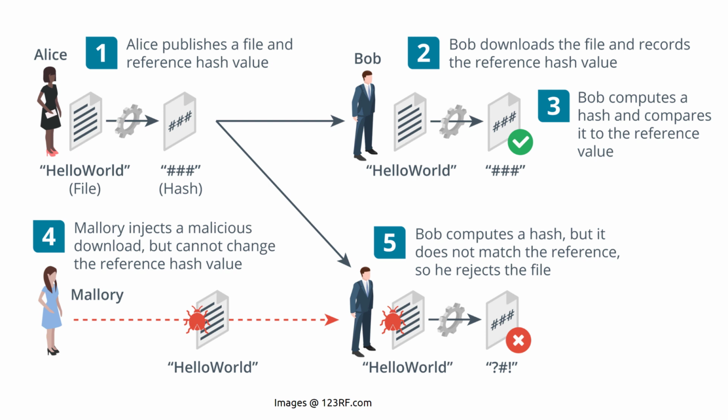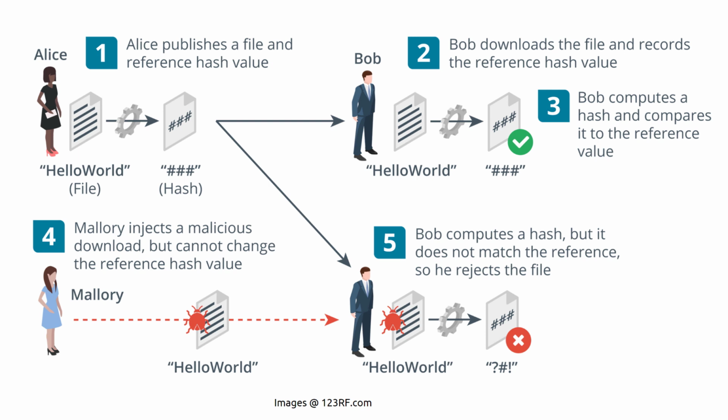So what Bob will do is that he'll compute a hash and will compare it to the reference value. So Bob is going to take the text hello world, get the hash value, and if the file has not been tampered with, it should produce the exact same hash value as that of Alice. Now you have stage four, where Mallory might try to inject a malicious download but will not be able to change the reference hash value.